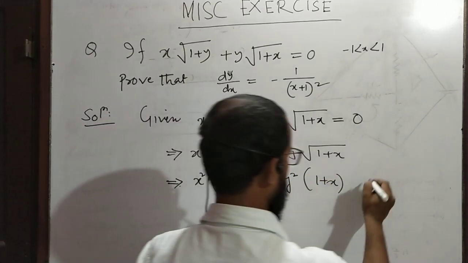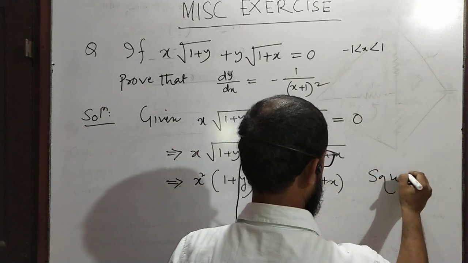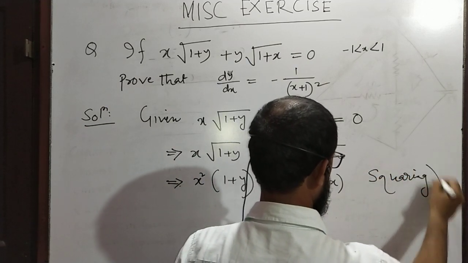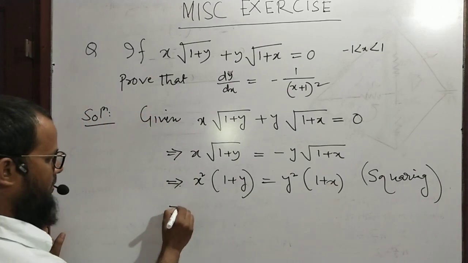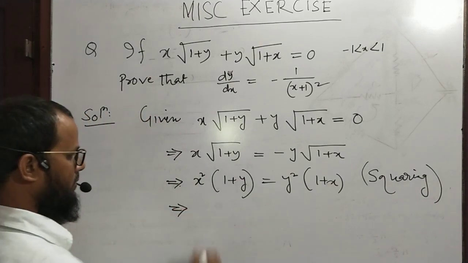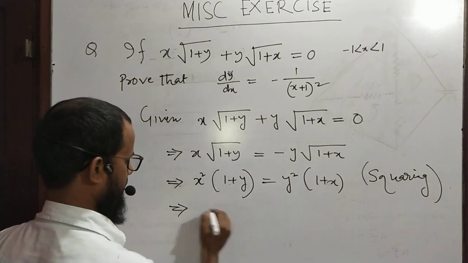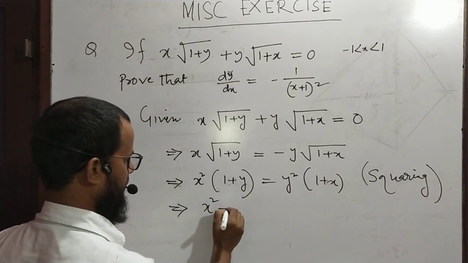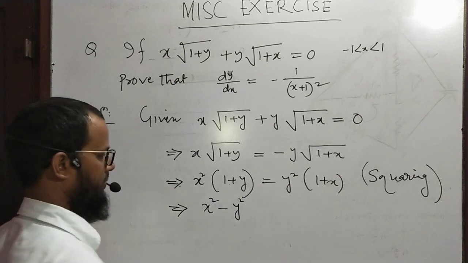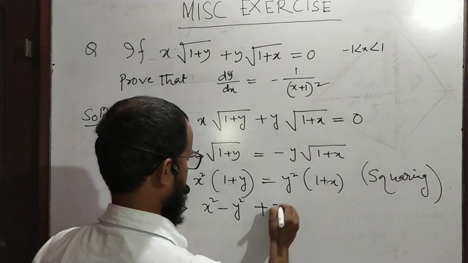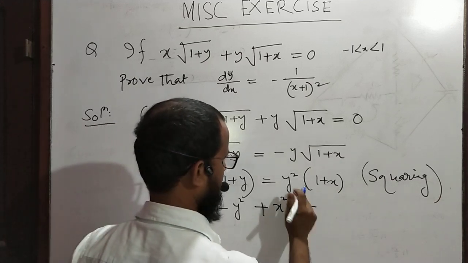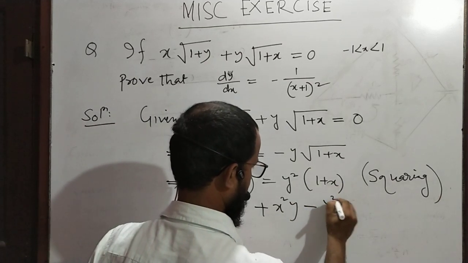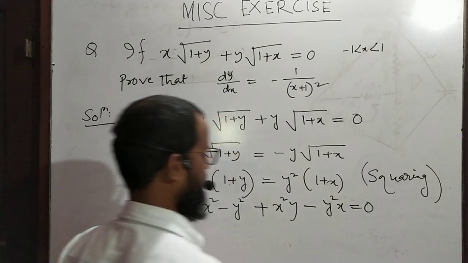Now some arrangement is required: x square minus y square is one term, and another is x square into y minus y square into x, equal to 0.